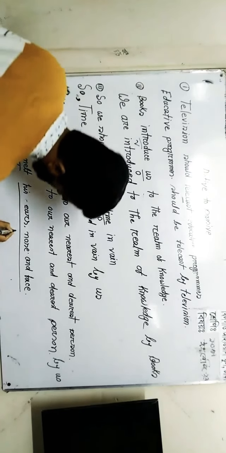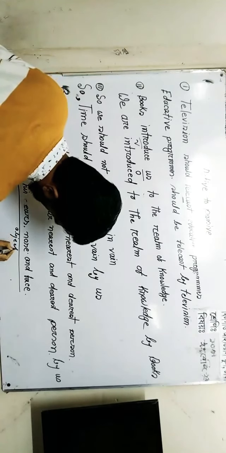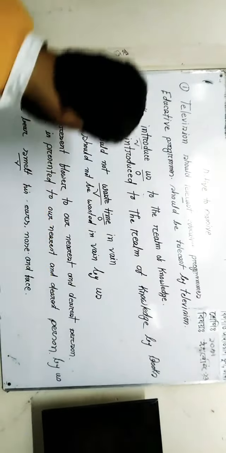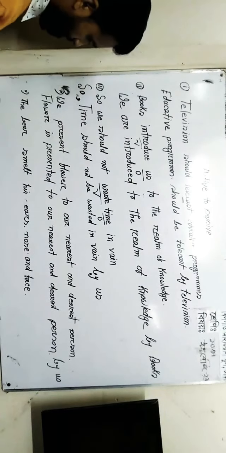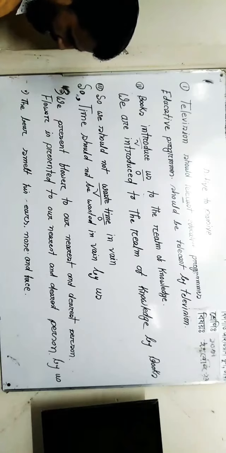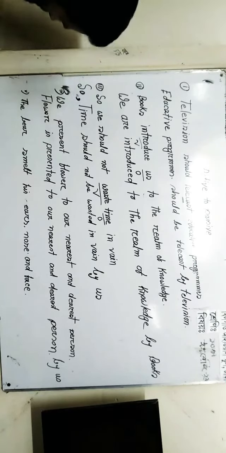After the verb, this is the object. After the verb, object. Before the verb, subject. Which tense is it? It is past indefinite tense. According to my voice rules, now I solve this problem.